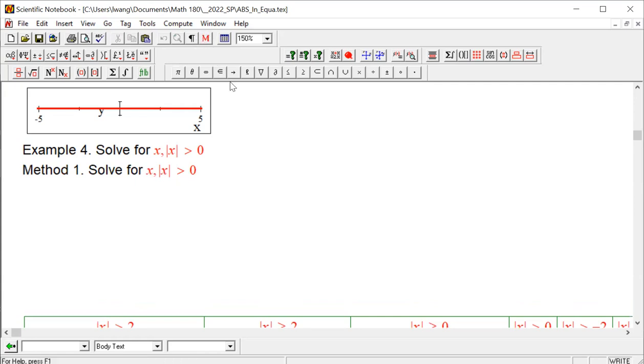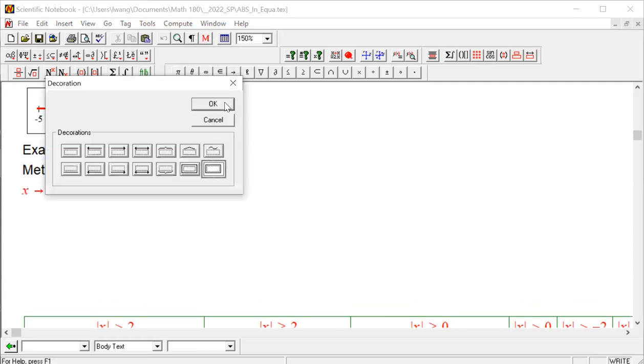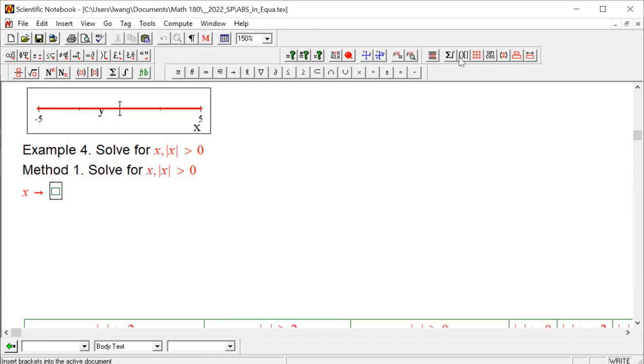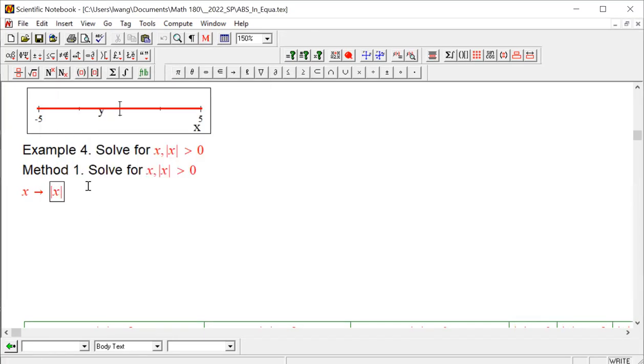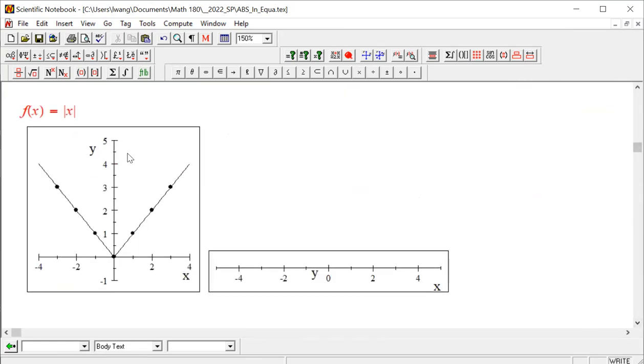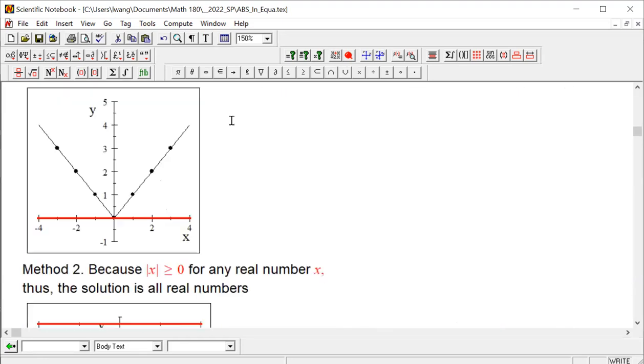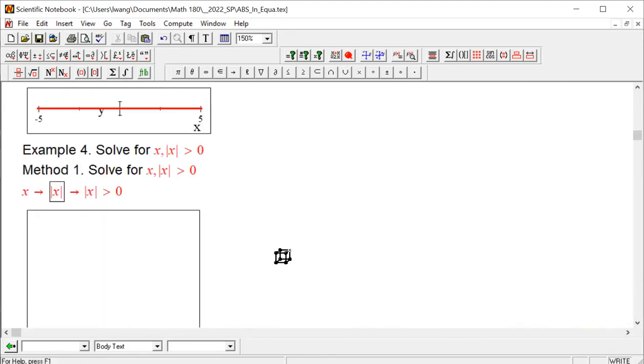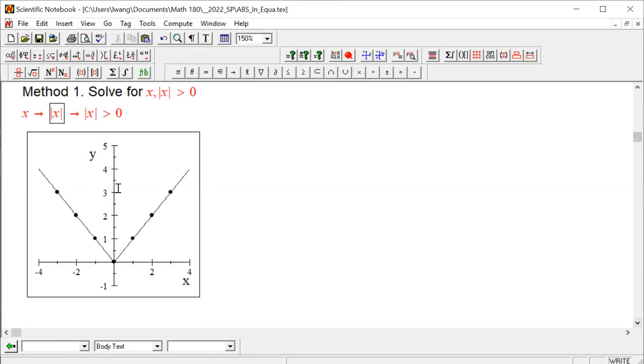We know that the input x given to the function produces an output, and the output has to be positive. The output cannot be 0 or negative. In what case is the output positive?